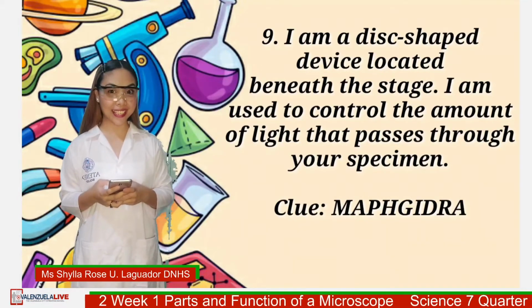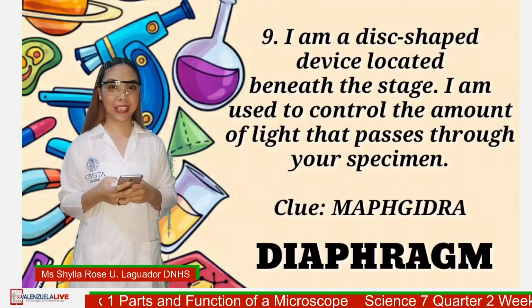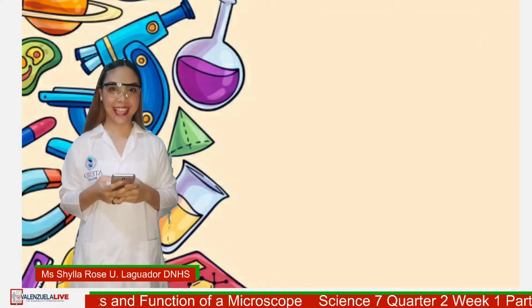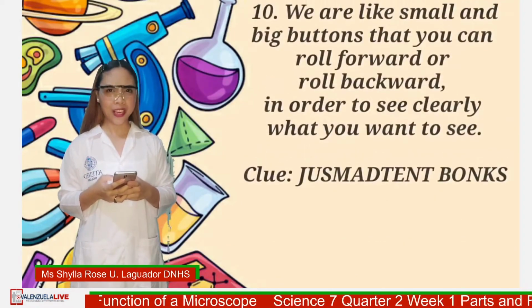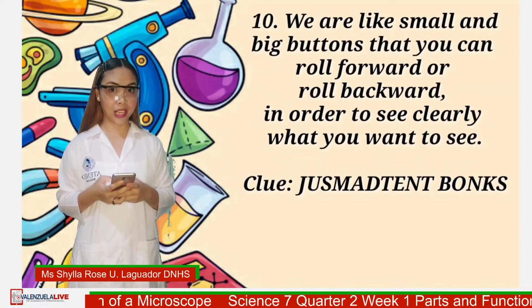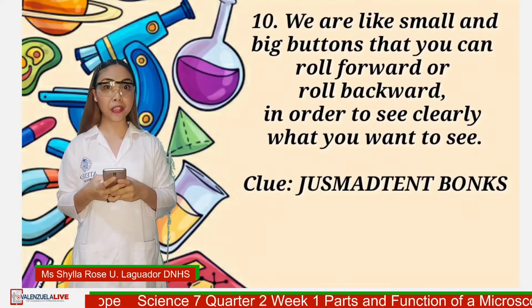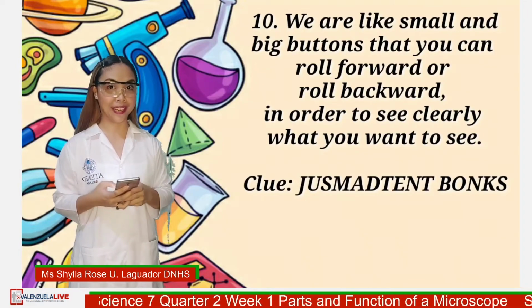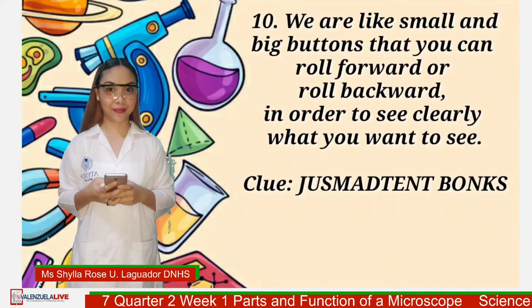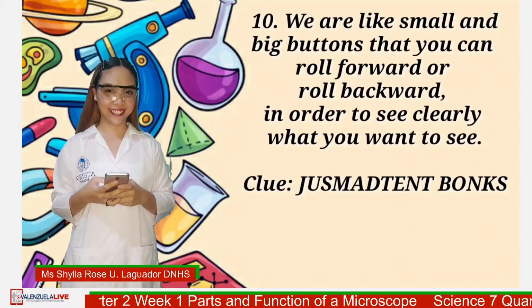The correct answer is diaphragm. We are now down to the last riddle. We are like small and big buttons that you can roll forward or roll backward in order to see clearly what you want to see. Guess who I am? Your time begins now.